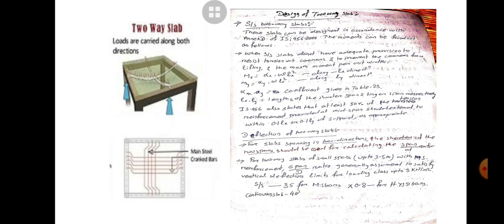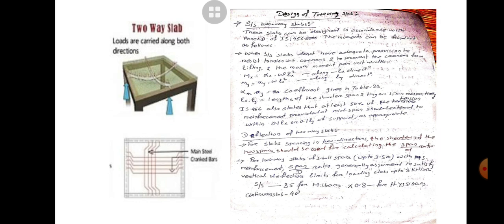Then coming to the next point. We will design the two-way slab as per our code IS 456 Annex D. There are methods both for restrained slab and for unrestrained slab. The first thing is the maximum bending moment.